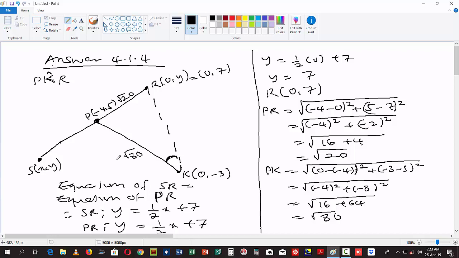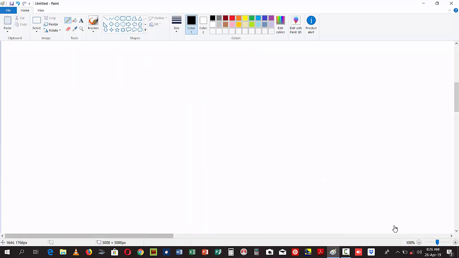So we need to determine our RK. The length is going to be 10, but I'm going to show you the calculation now. Our RK is equal to the square root of (0 minus 0) squared plus (-3 minus 7) squared.